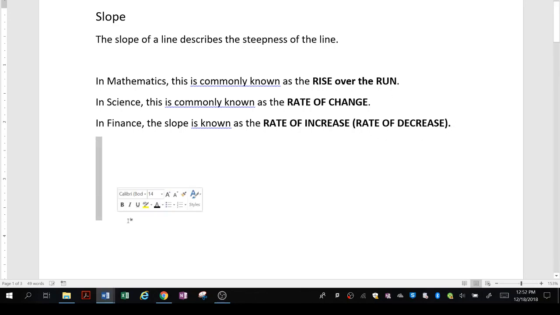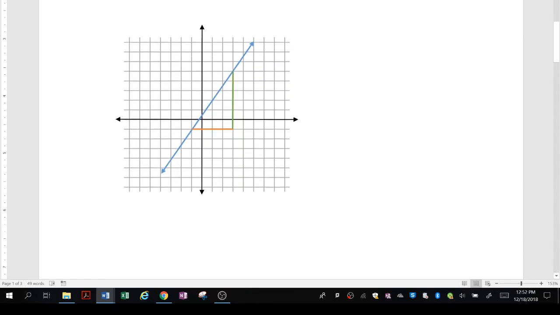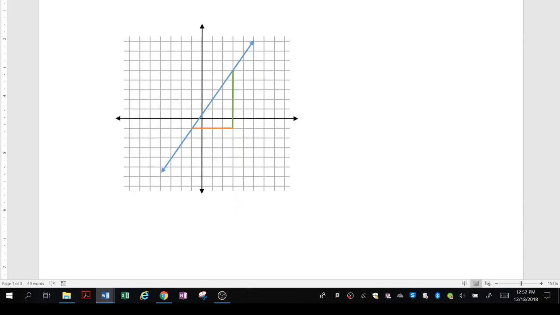So let's take a look at an example of what the slope is. In this example, we have a line that's coming down here. This is our y-axis and our x-axis. Now, this from here to here represents the change in the vertical aspect.